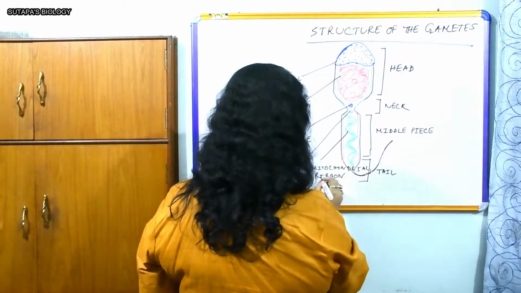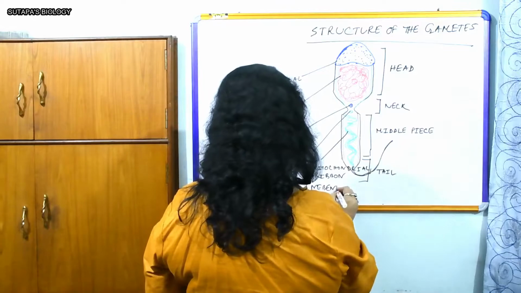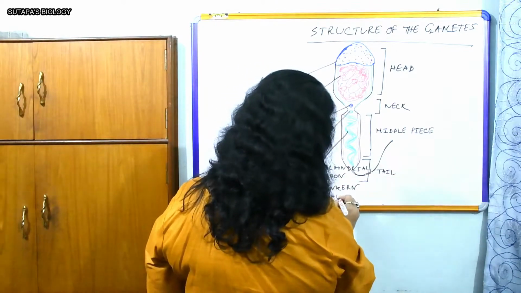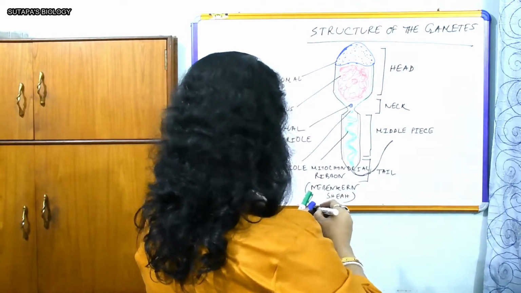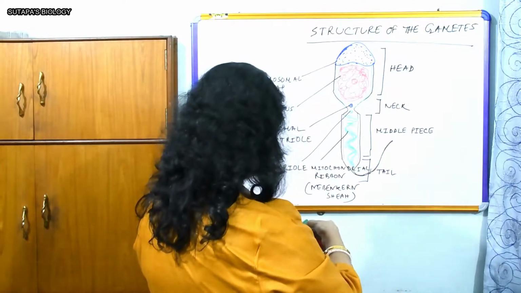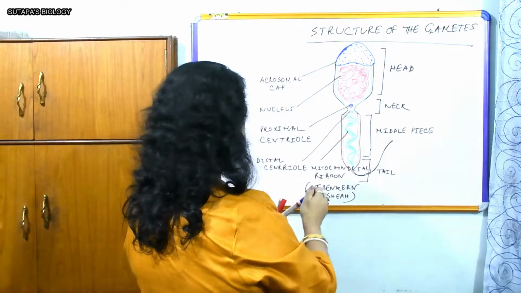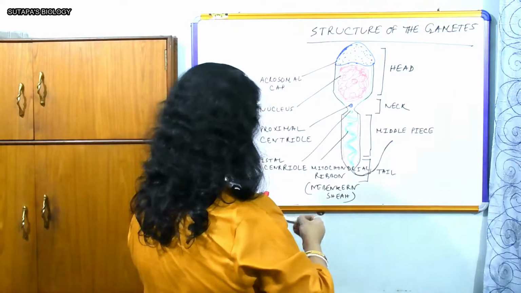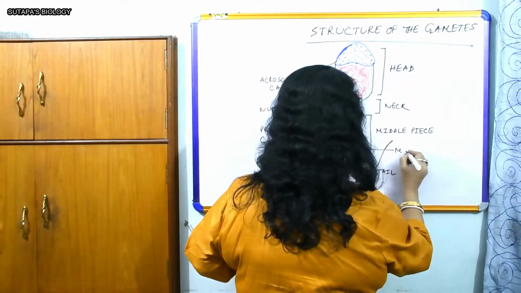And this thin layer of the cytoplasm just surrounding the Nebenkern sheath is known as manchette. That is the red lining of the middle piece.